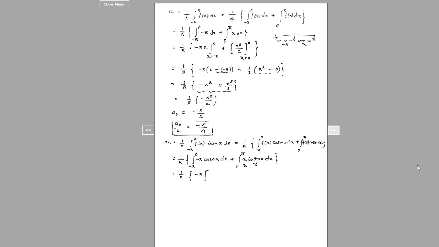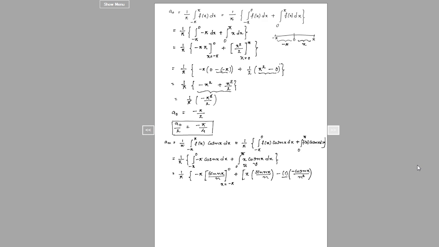Integral of cos nx is sin nx divided by n, as x runs from minus pi to 0, plus now apply Bernoulli's rule, x into integral of cos is sin nx divided by n, minus derivative of x is 1, integral of sin is minus cos nx divided by n into n, it becomes n square.